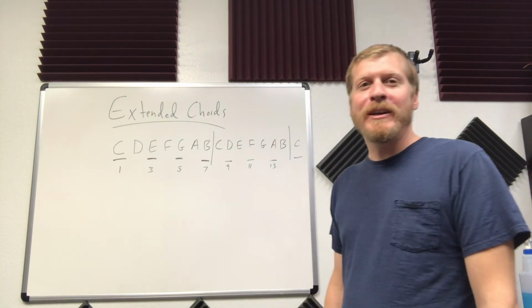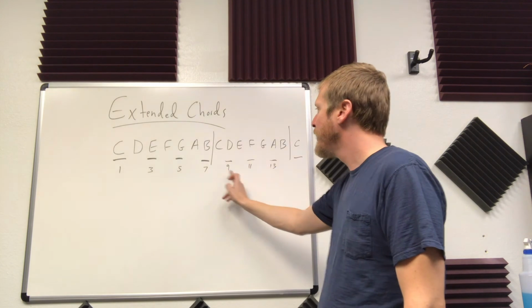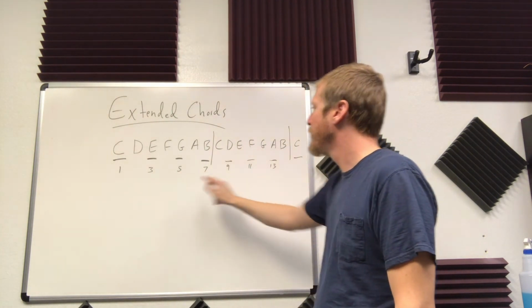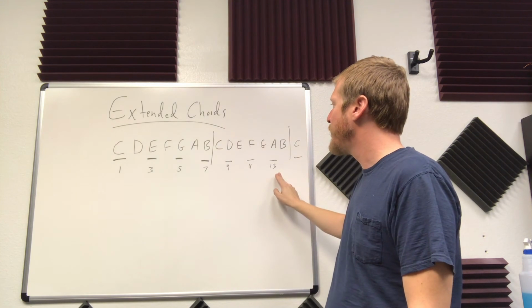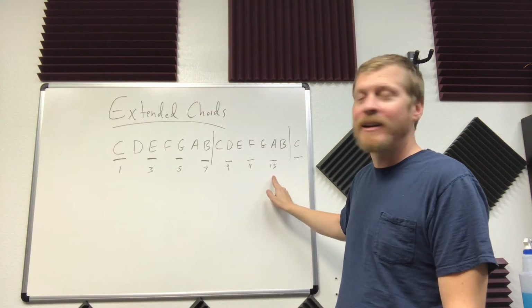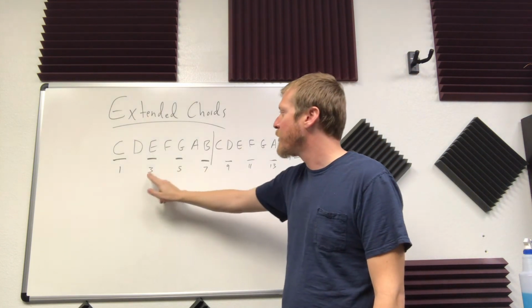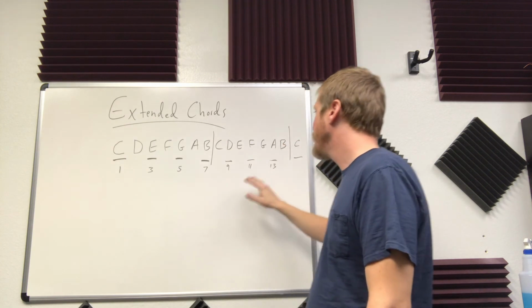Okay, and so basically we can make any kind of extended chord going all the way up to either the 9 or all the way up to the 11th or also up to the 13th. Okay, and that gives us all the different combinations of 9th chords, 11th chords, or 13th chords. Okay, now based on the alterations of the chord or the triad or the 7th chord before it, we give it a different name.